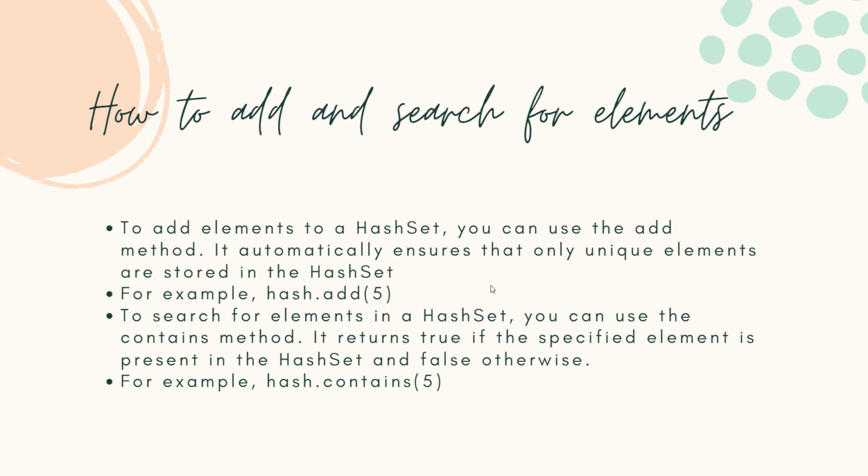So if you try to add 1 two times to the HashSet, it will be added only once. Similarly, if we want to check whether any element is present already in the HashSet or not, we can use the contains method. Both of these I'll show you in the code demo.